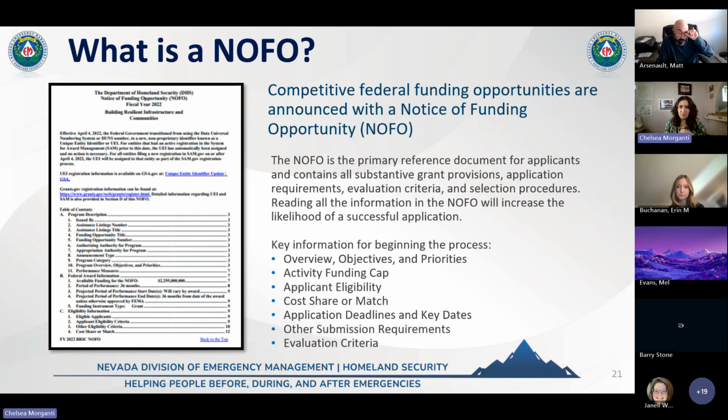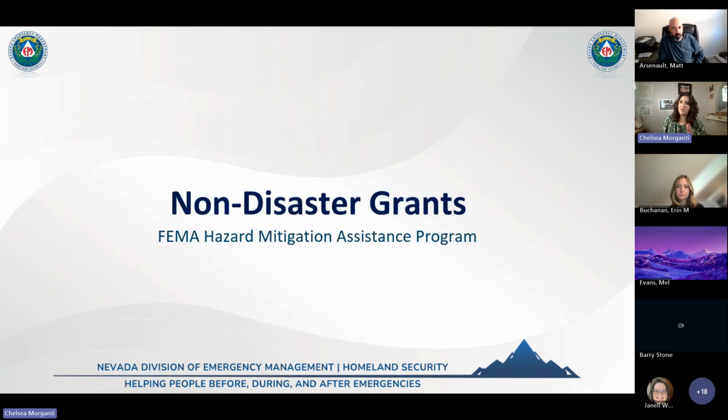A notice of funding opportunity. This is the document that we're waiting to come from the federal government. We're hoping for those to be released any day now, like I mentioned, for both BRIC and FMA. They are the guiding document that outlines what is eligible under that program. The Hazard Mitigation Assistance Policy Guidance, that document that I mentioned before, I'll go back to show you here.